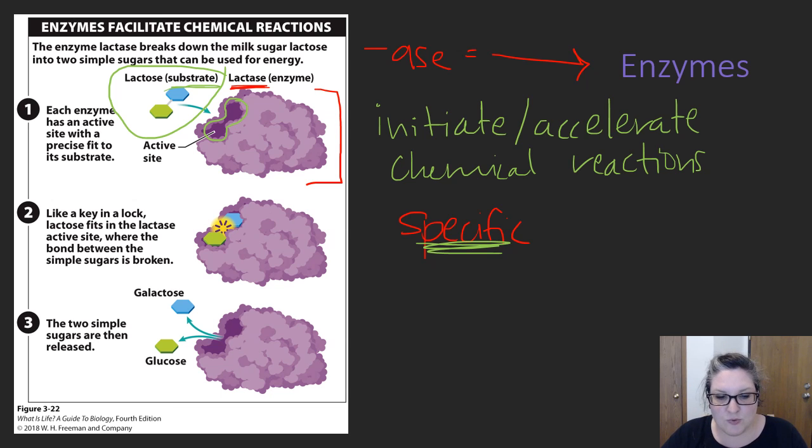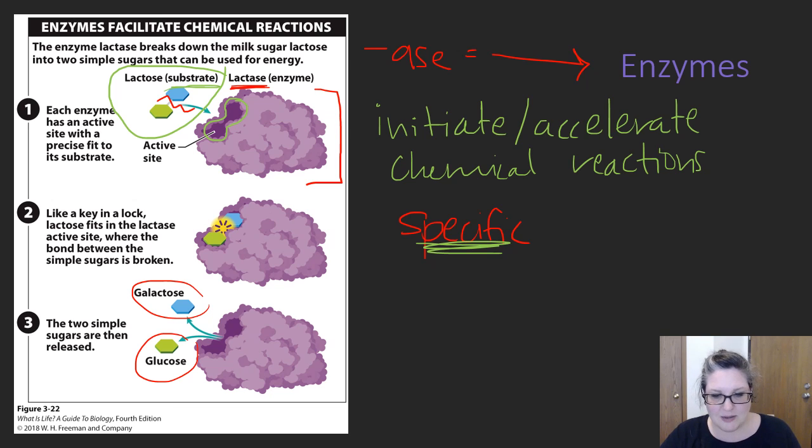So lactose will wiggle itself right into that active site, and kind of like a lock and a key, it starts the reaction, and lactase breaks apart that disaccharide, which is right here. It breaks it apart here to form galactose and glucose, which is what lactose is made of.